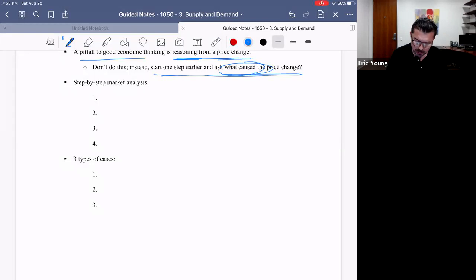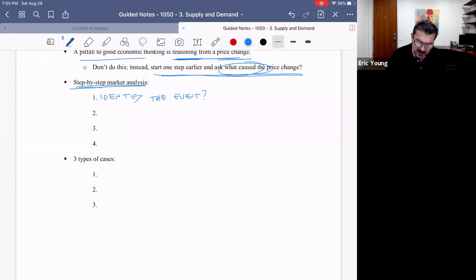What I'm gonna share with you is a pretty straightforward, step-by-step four-step plan to help you with your market analysis, okay? So the first step that you're going to take is you're going to identify the event. Usually I'll give you this, but make sure you really understand the event.